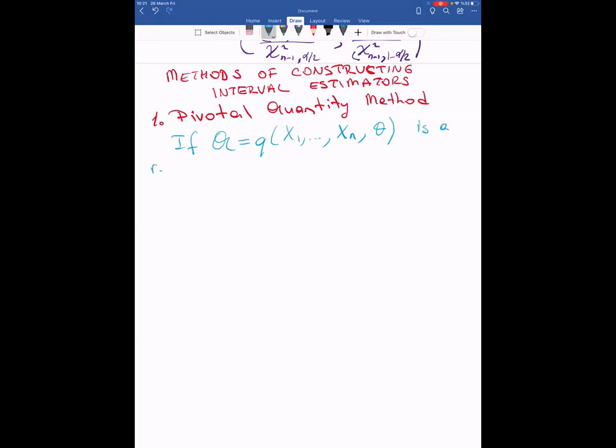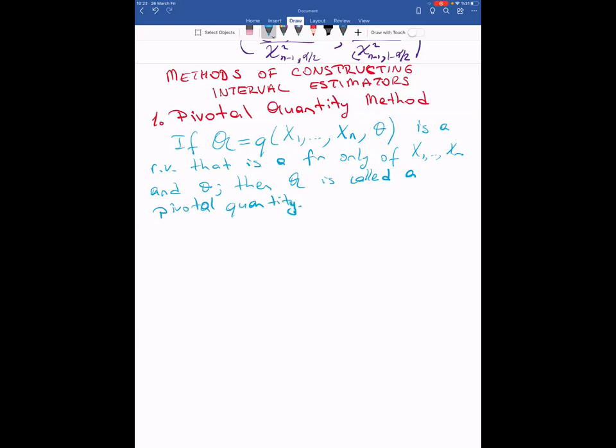If Q is a random variable that is a function only of sample random variables and this unknown theta, then this Q is called a pivotal quantity. It will be our pivot basically to generate intervals.